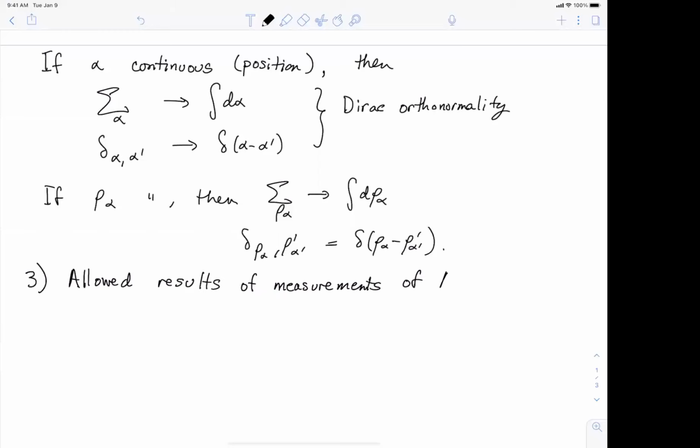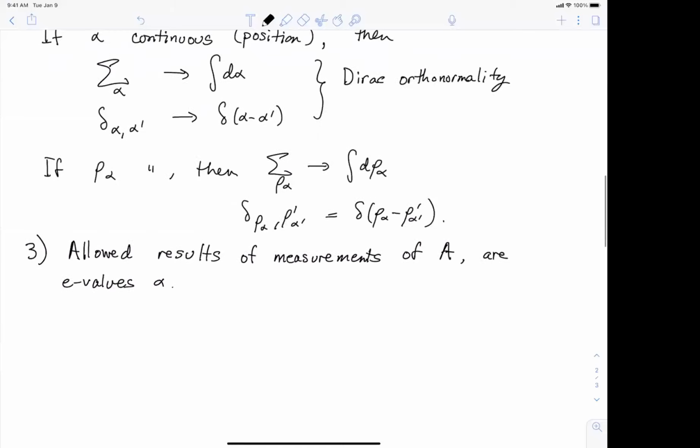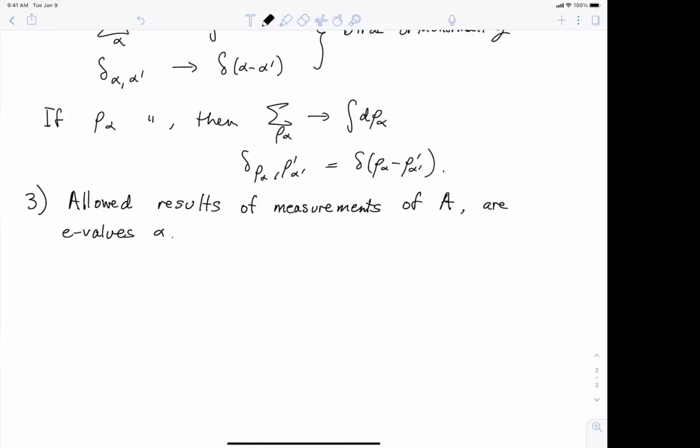Okay, and so if I measure A and it has eigenvalues alpha, then those are the possible results. So this is why it's important to be able to find the eigenvalues of any given operator. A lot of times that means representing it by a matrix and then finding the eigenvalues of the matrix because they're the same thing. But not always. Sometimes it's a differential equation.